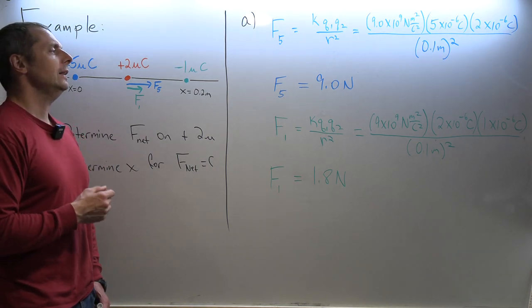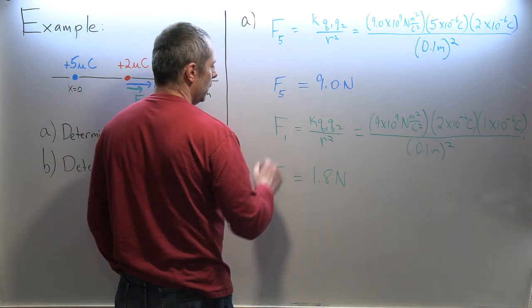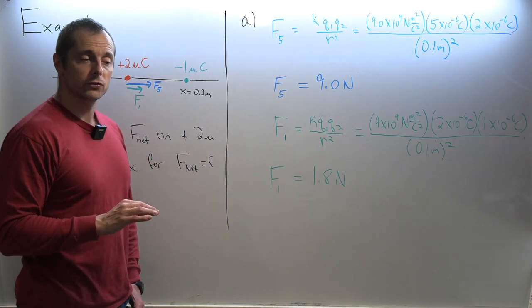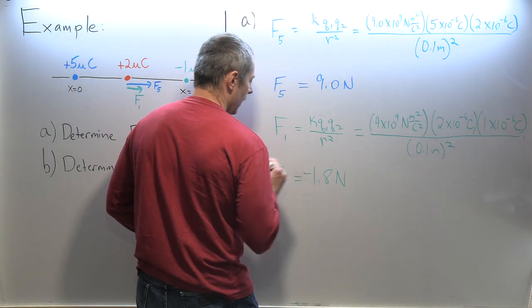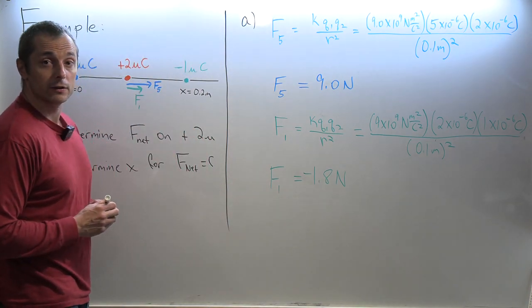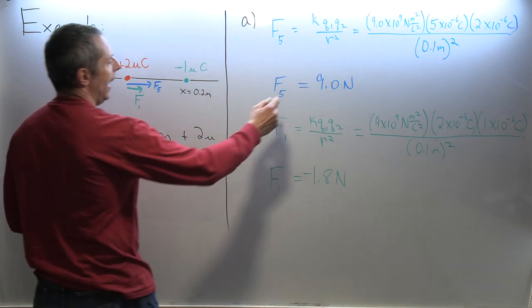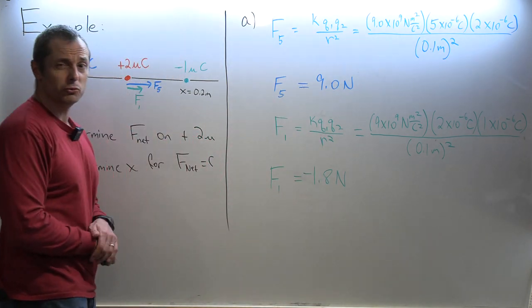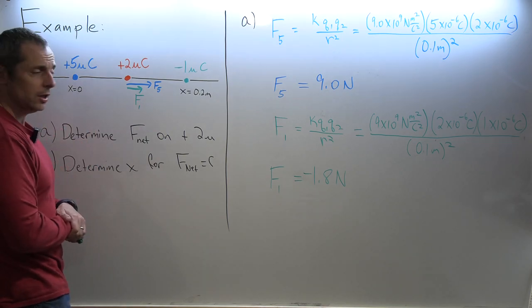Okay, why did I leave the minus off? I would recommend whenever you use this equation, you never plug in negatives. Because if I plugged in a minus here, I would end up with a negative there. And then when I'm trying to find the net force and I add these two together, I'd actually be subtracting them as if the forces were in opposite directions.